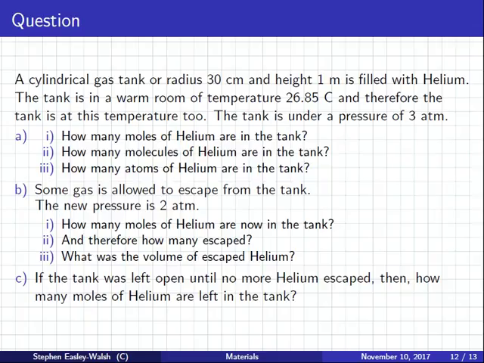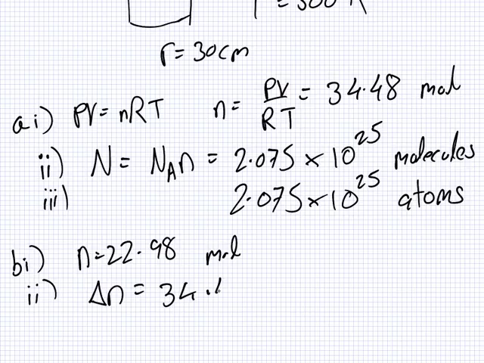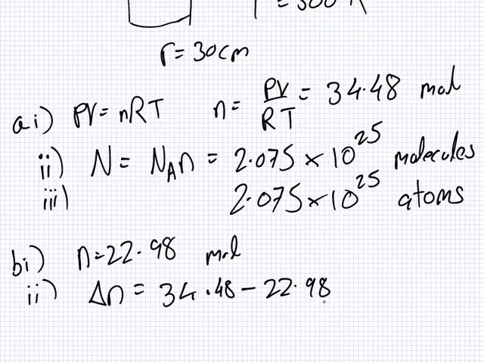So therefore, how many escaped? How many left the tank? Well, obviously the difference is 34.48 minus 22.98. So that's 11 and a half.